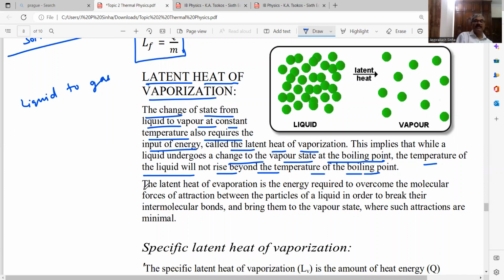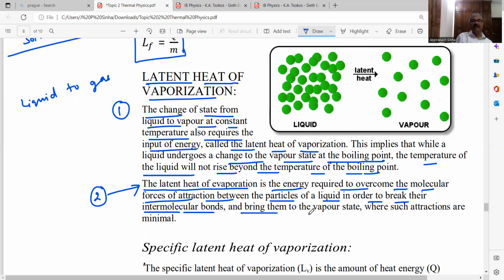Another term we know is evaporation. The latent heat of evaporation is the energy required to overcome the molecular forces of attraction between the particles of a liquid, in order to break their intermolecular bonds and bring them to the vapor state, where such attractions are minimal.